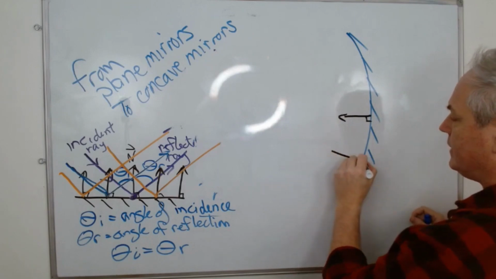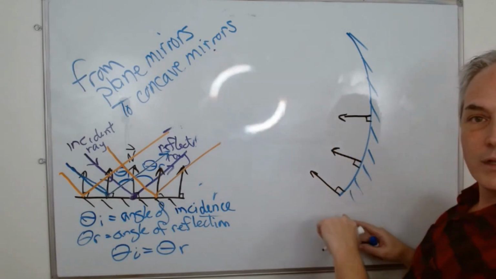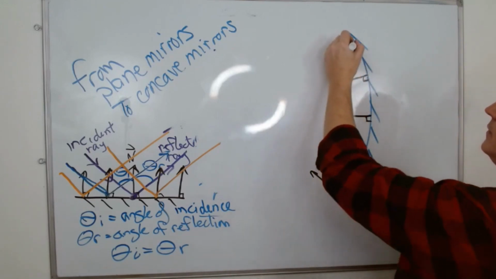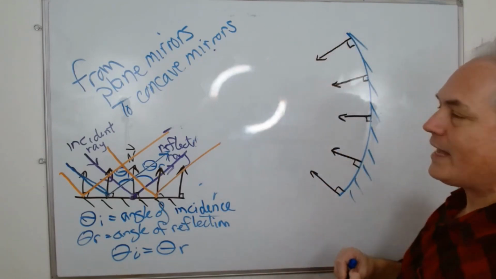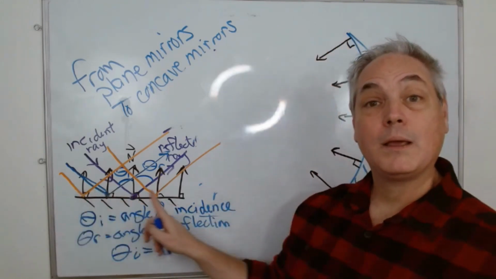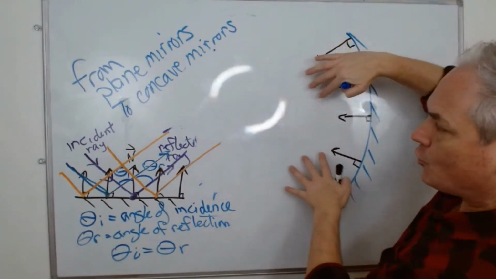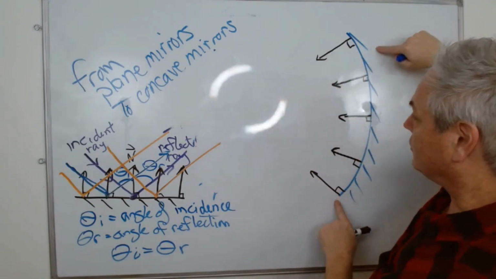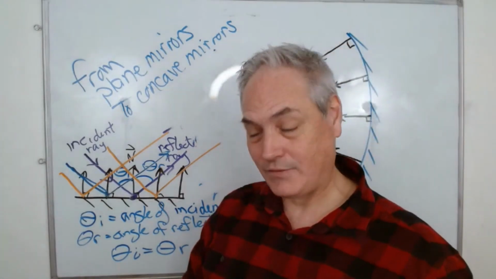However, if the mirror changes its curvature, like this, like this, like this, that means that now we have normals that used to be parallel and perpendicular. Now they all seem to be going to one specific point. These normals are still perpendicular. However, the way they point is different. And that is kind of exciting.